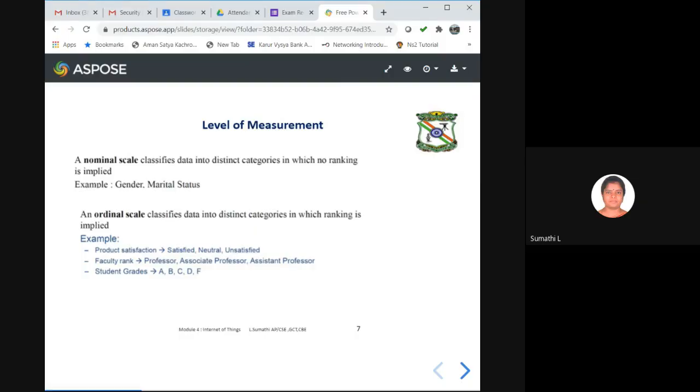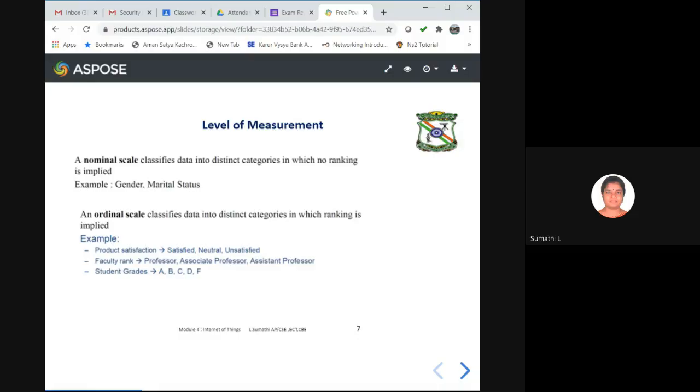Now, in the categorical value, what kind of measurements can I make? Nominal means you don't have any ranking. You know this marital status and gender is nominal. Do you have any ranking? No. If you have ranking, for example, even in your class, a student representative, or among teachers, you have assistant professor, associate professor.